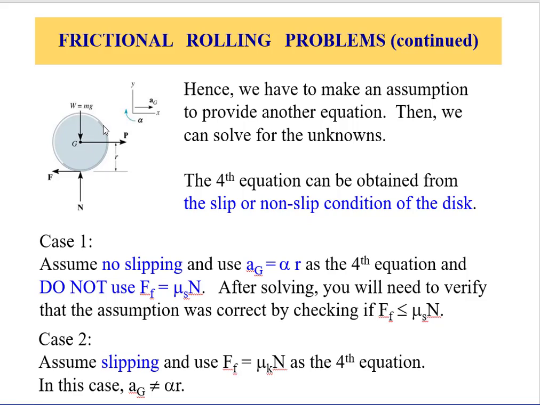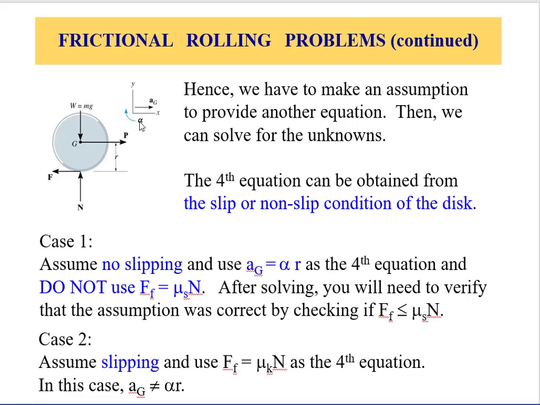If we assume no slipping, meaning that at contact there is no relative motion between the ground and the point at the bottom of that wheel, and the only motion is rolling, no skidding or sliding, then this becomes an instantaneous center of velocity, where we know from the kinematic analysis that the acceleration of point G, the linear acceleration due to the translation, is equal to r cross alpha, or R alpha, causing that to move to the right.